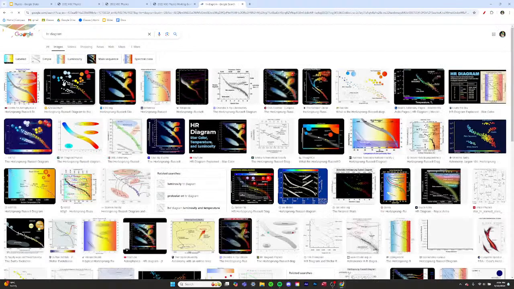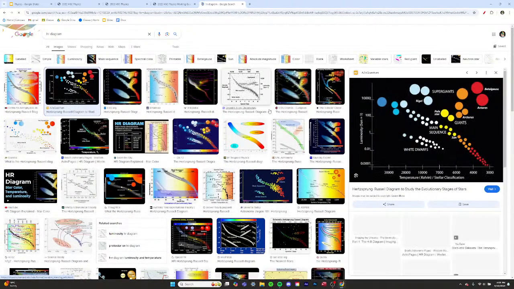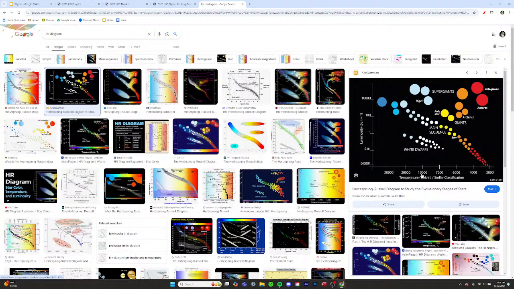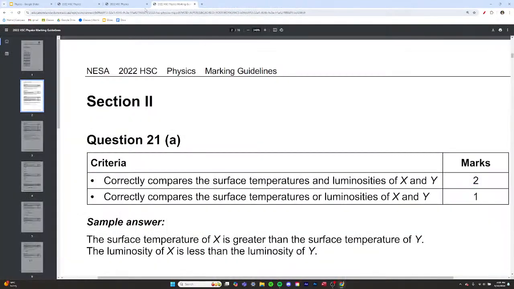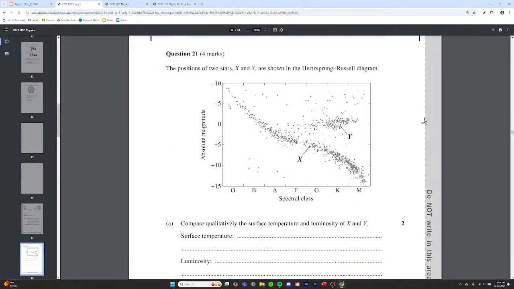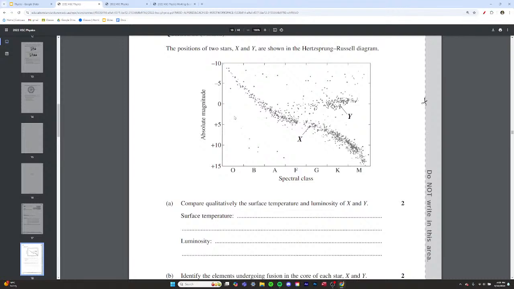Did I click on it? No. Temperature, Kelvin. That's so weird. Why does it decrease that? And luminosity. Okay. Yeah, I kind of thought that. So we'd get 1 mark. So temperature increases.